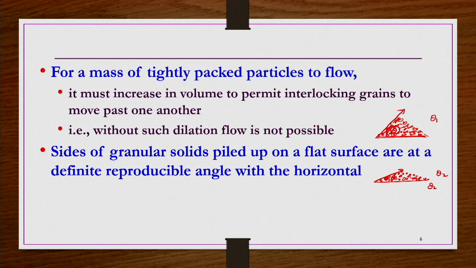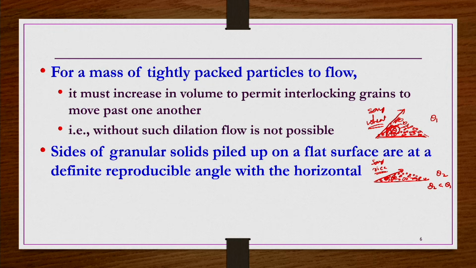So theta 2 in this case is less than theta 1. Let us say the second material is rice and the first material is wheat. I am not saying this is exactly the rice and wheat case, that the rice angle would be smaller compared to the wheat angle, but for example, say you have taken wheat and piled it up on a surface, and then you have taken rice and poured it on a horizontal surface, and they are piling up.